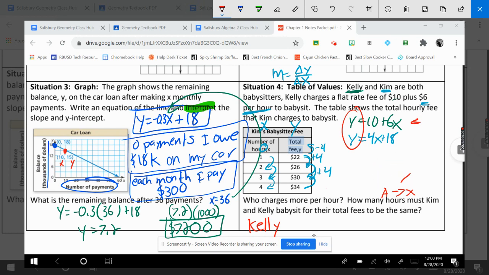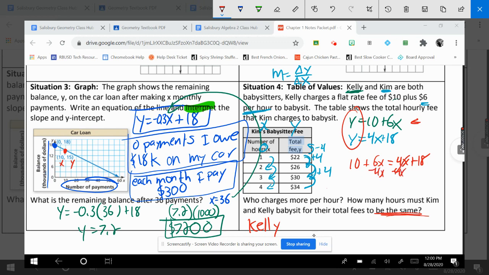Transitive property works here in math too. If 10 plus 6x equals y, if y equals 4x plus 18, then we can cross this off and then we can set these two equal. But basically, since it wants to know when they're going to be the same, we want to set their pay equal to each other and find out. So 10 plus 6x is equal to 4x plus 18.